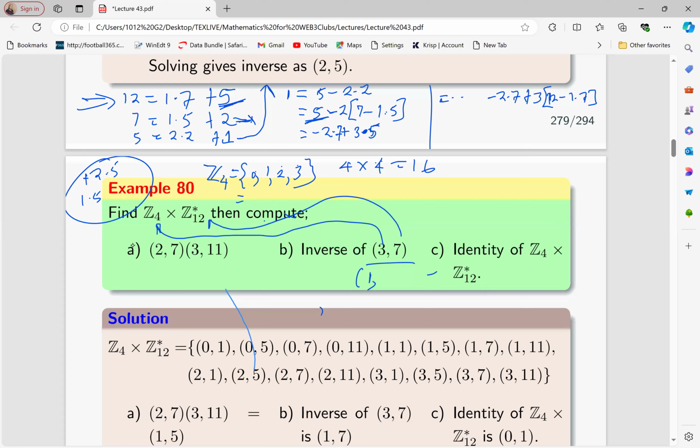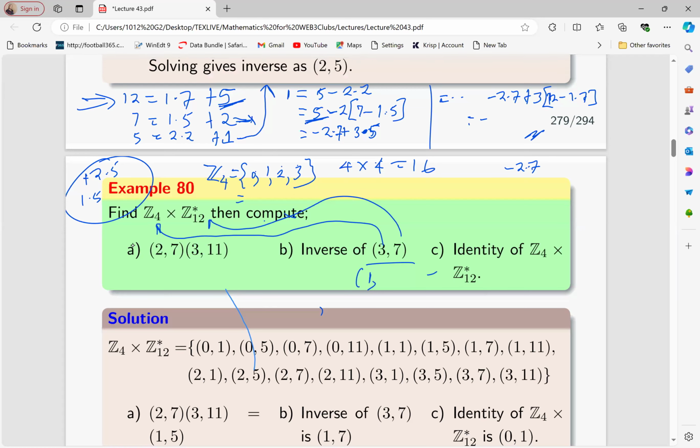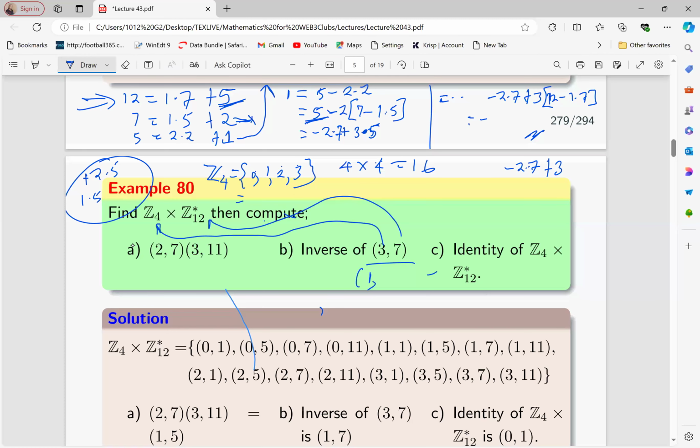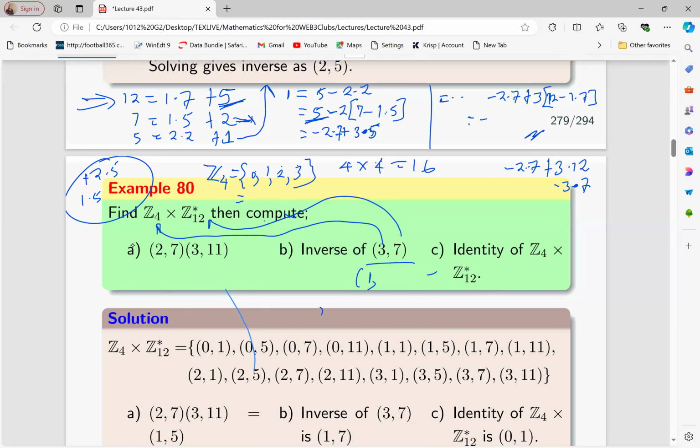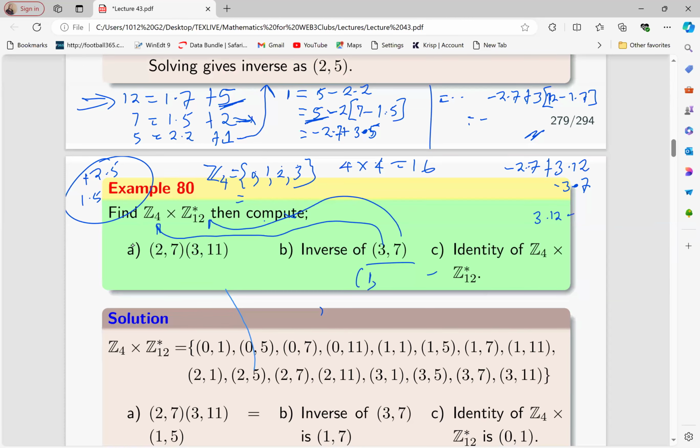Opening the brackets here, you get negative 2 multiplied by 7. And then there is this positive 3 multiplied by 12. And then there is this negative 3 multiplied by 7. So when you collect like terms, you have 3 multiplied by 12 and negative 5 multiplied by 7.